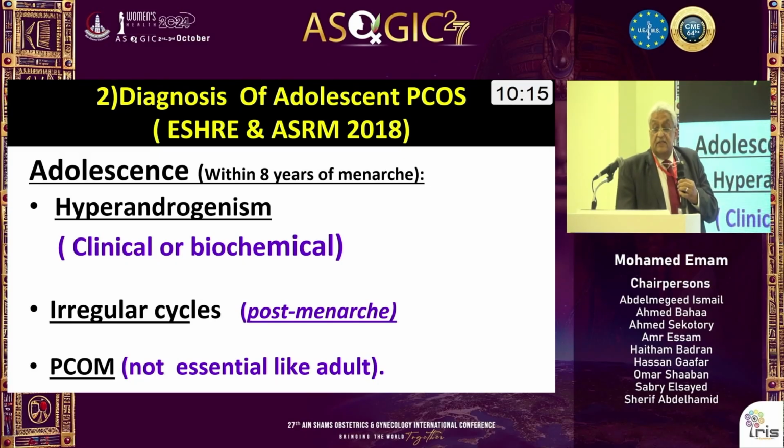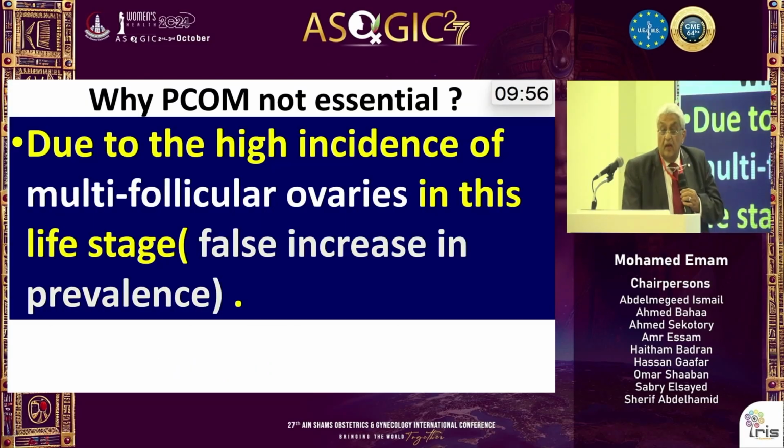The diagnosis of adolescent polycystic ovarian syndrome requires hyperandrogenism, clinical or biochemical, and an irregular cycle post-menarche. I stress clinical or biochemical, and I stress again that polycystic morphology is not essential, unlike in adults. Why is polycystic morphology not essential?